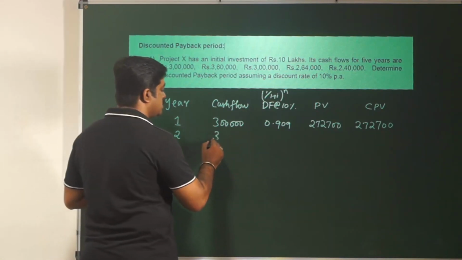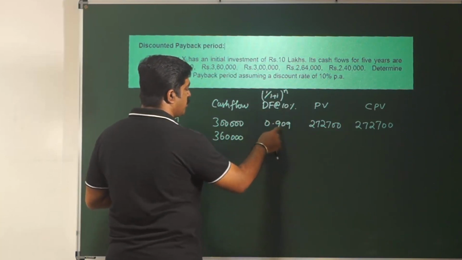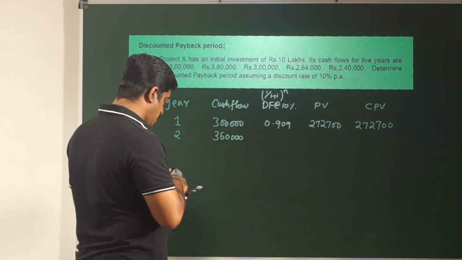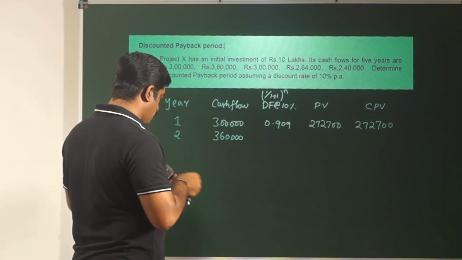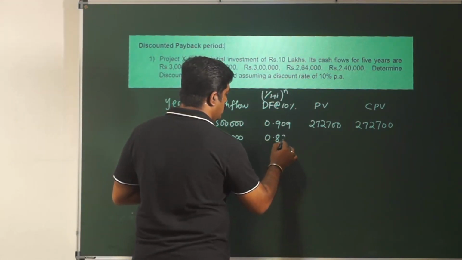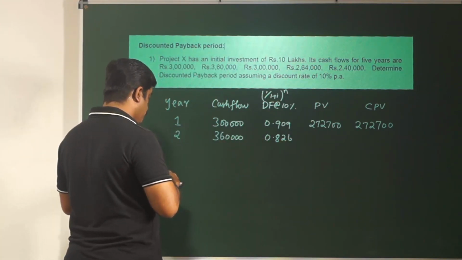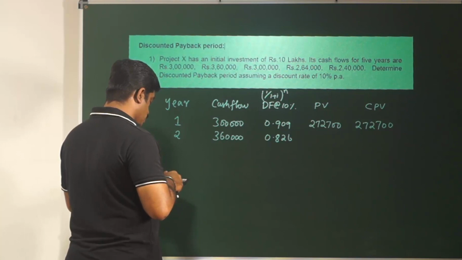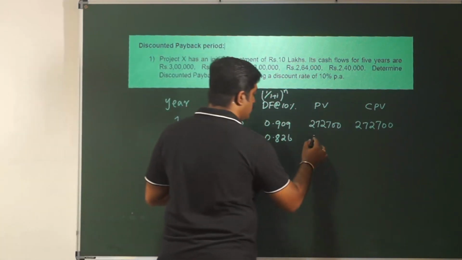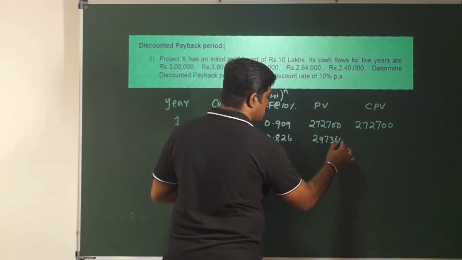Now moving on to year 2, what is the cash inflow? It is 360,000. The discount factor at 10% for year 2, that is 1 divided by 1.1 to the power 2, we get 0.826. Now 0.826 multiplied by 360,000 is 297,360.